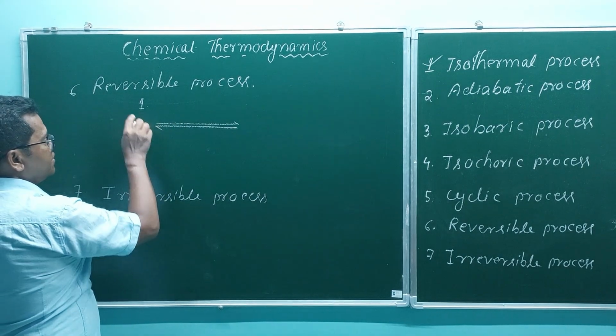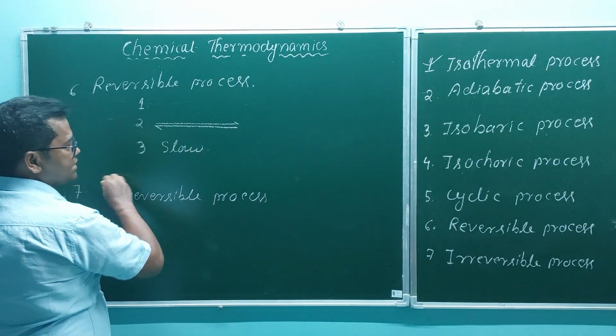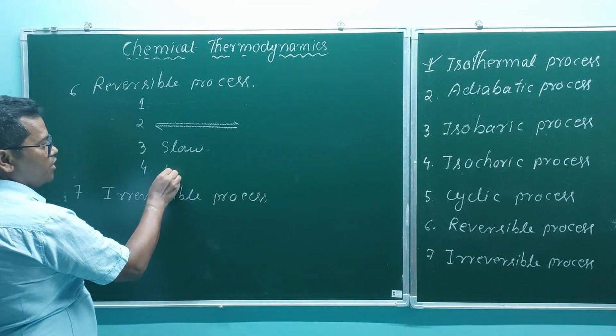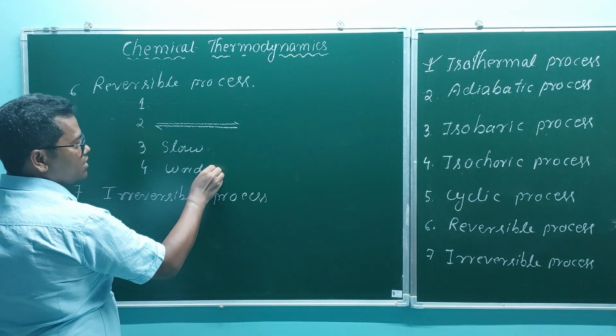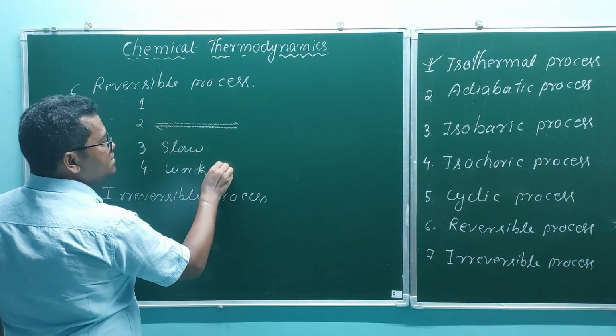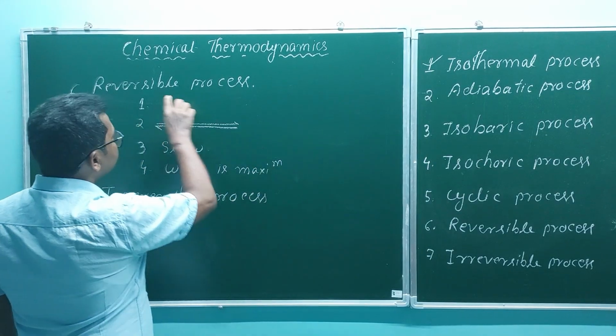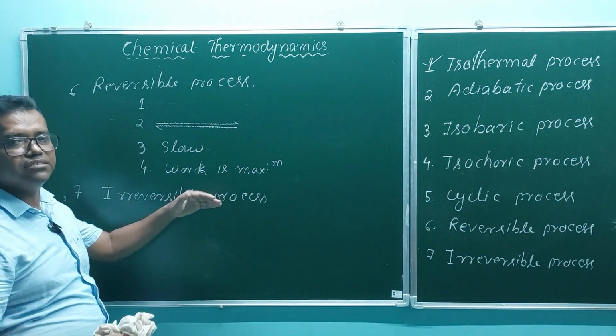Number three, reversible processes are extremely slow processes. Number four, the work involved is maximum in the case of a reversible process.